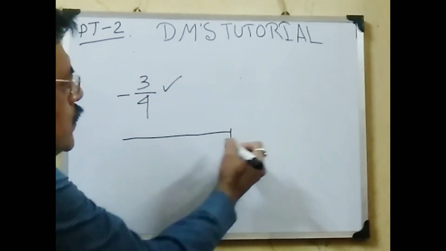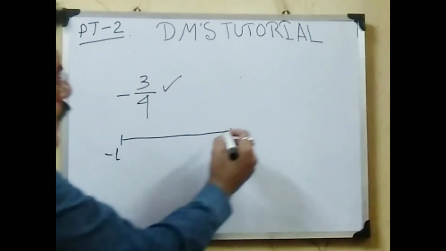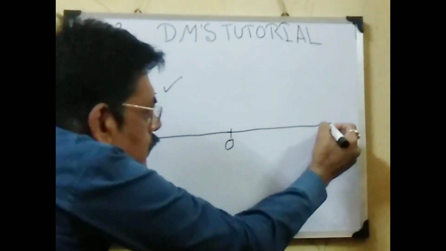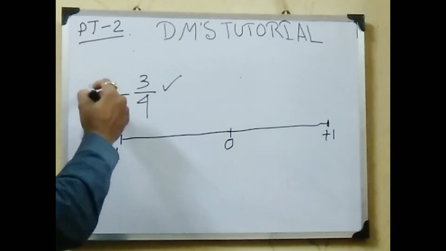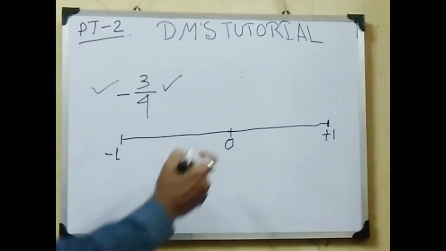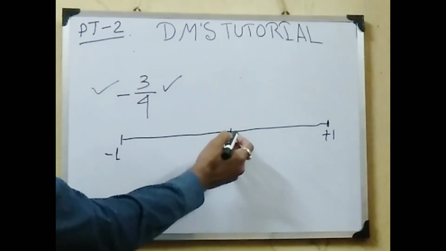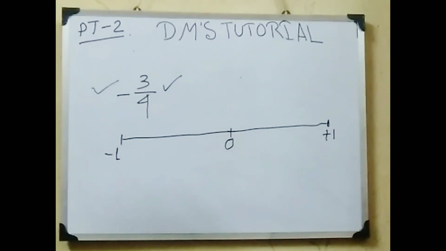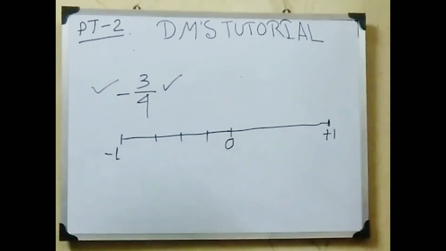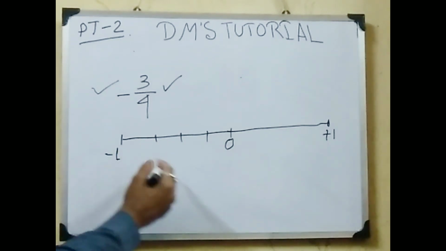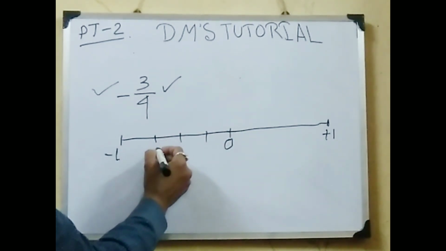Suppose this is 0, this is minus 1 on the negative side, and this is plus 1 on the positive side. As the number is negative here, I will go towards this direction. 0 to minus 1 will be divided into 4 equal parts, marked by divisions.